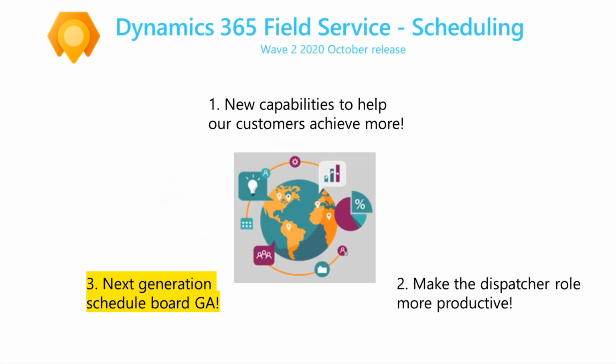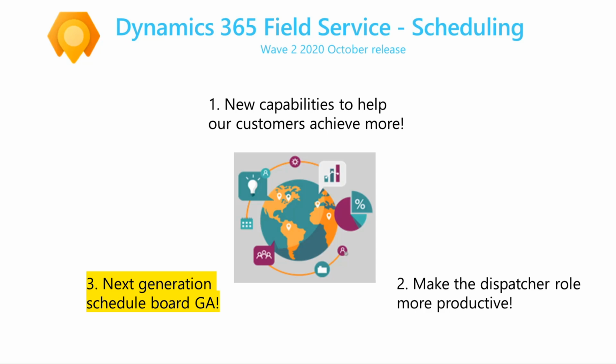The third segment of our presentation today is about the next-gen schedule board. We talked about features that are happening in the engine and how the engine comes in to help the dispatchers in a seamless way into the board as an embedded optimizer.